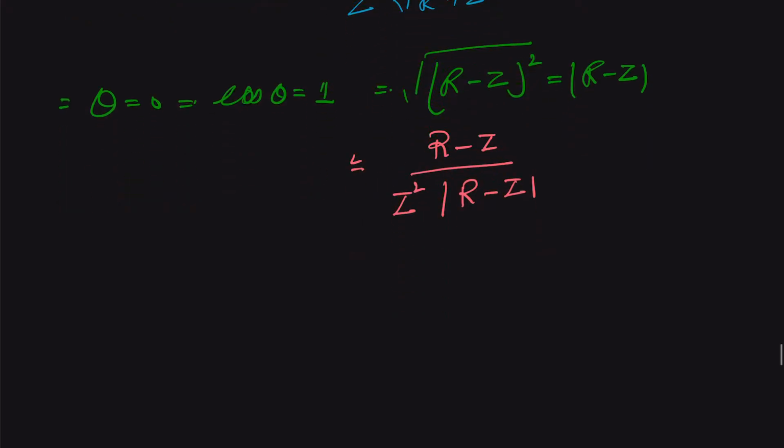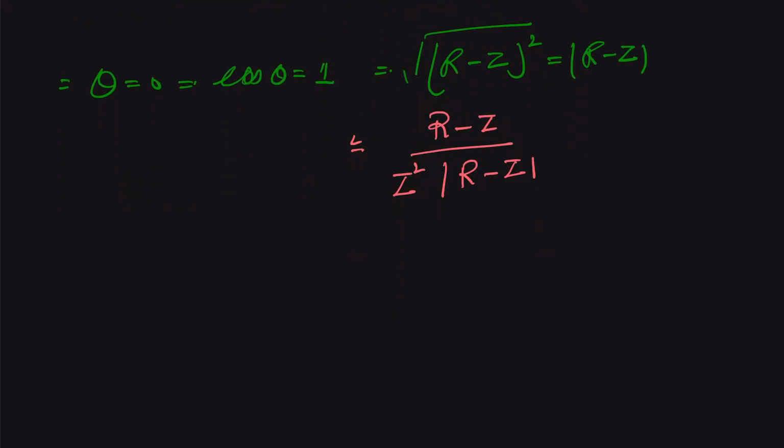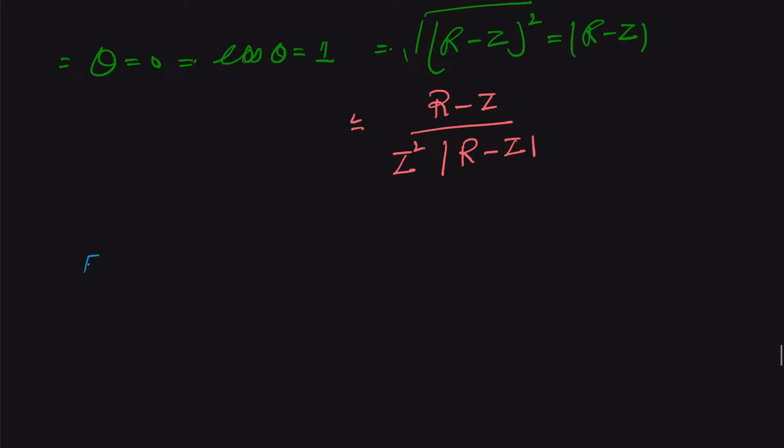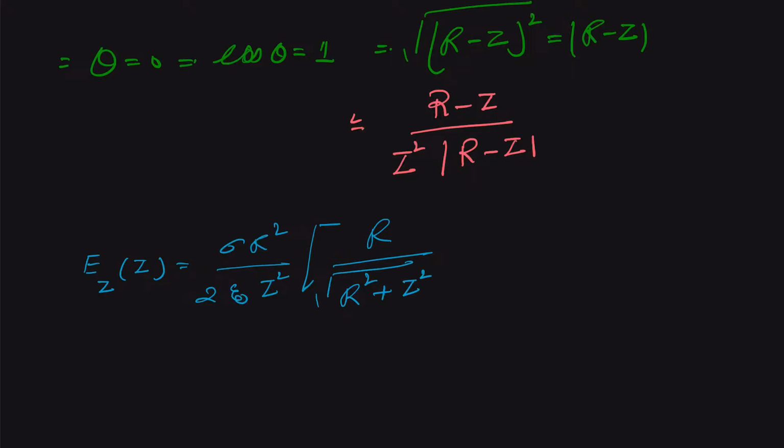So now we can combine them, and we get that the electric field will be equal to sigma r square upon 2 epsilon naught z square, where z square is common to both, and this comes as r upon the square root of r square plus z square, minus r minus z upon modulus of r minus z.